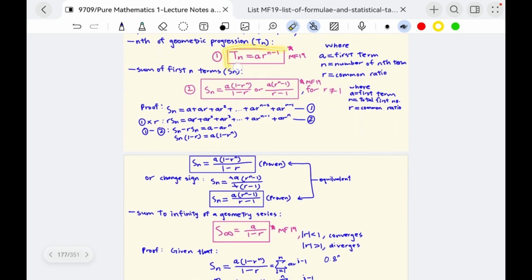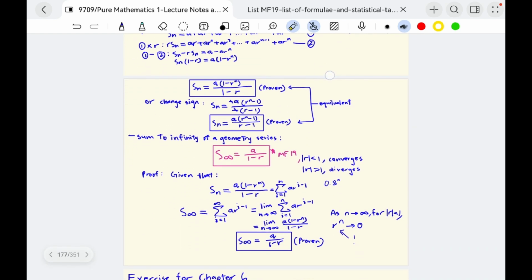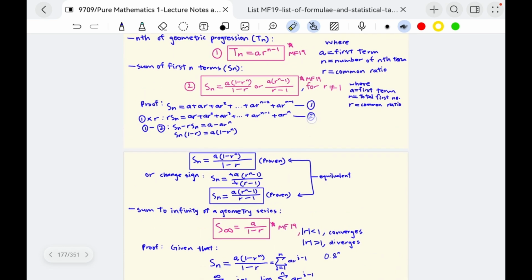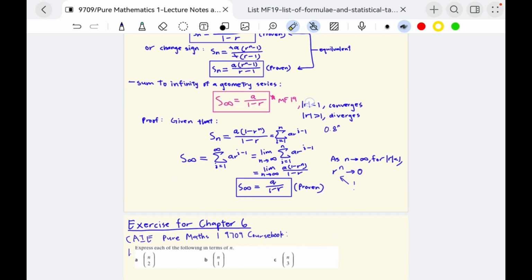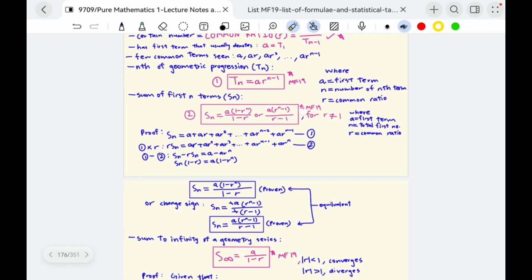Same as the last subtopic, the formulas that I have written in magenta are also in the MF19 that you own. Of course, r cannot be 1, because when you take the geometric series for r equals 1, each term is the first term. This is not called a geometric series.